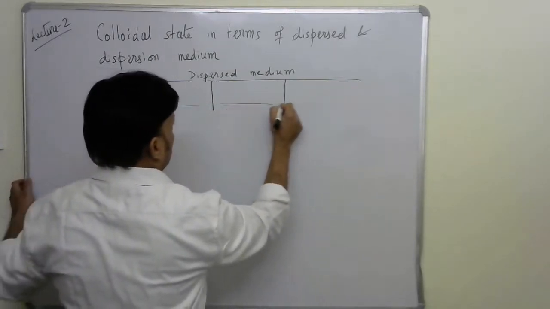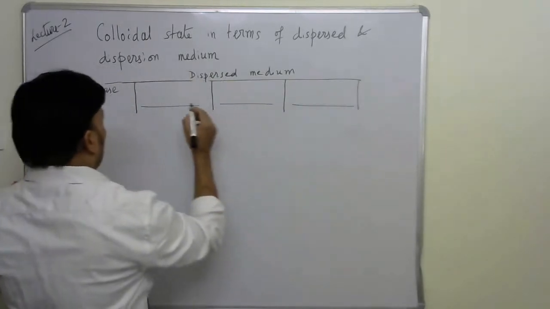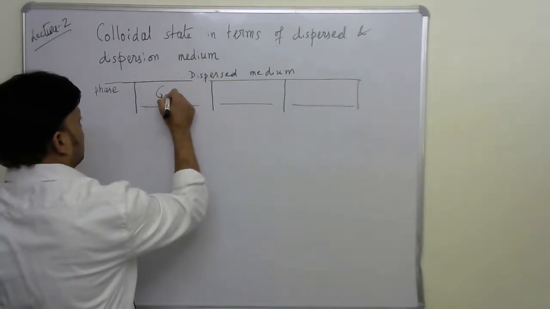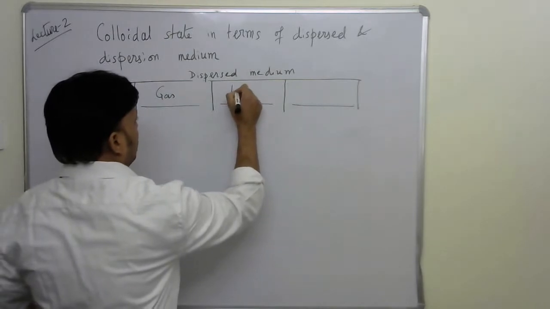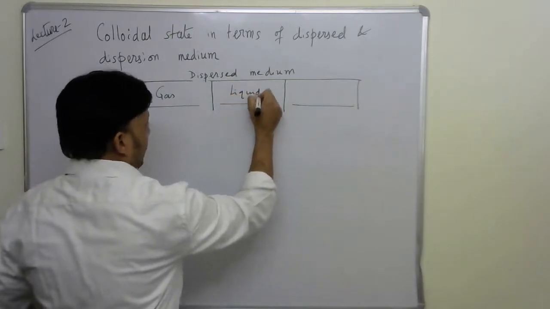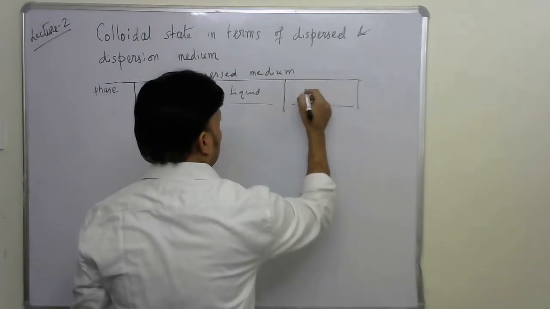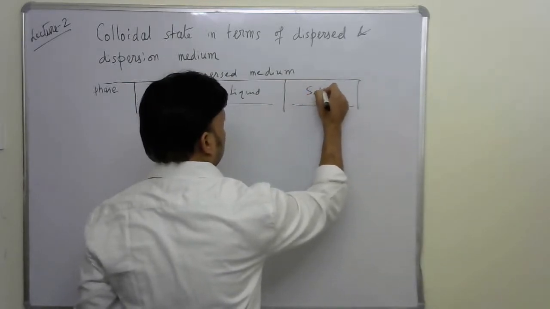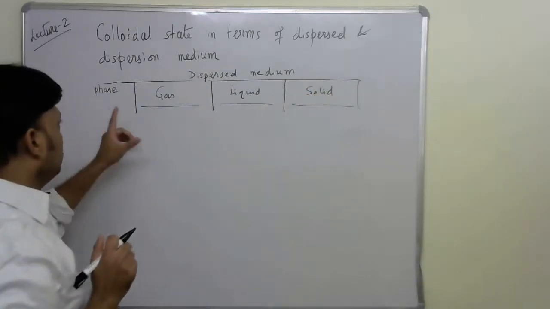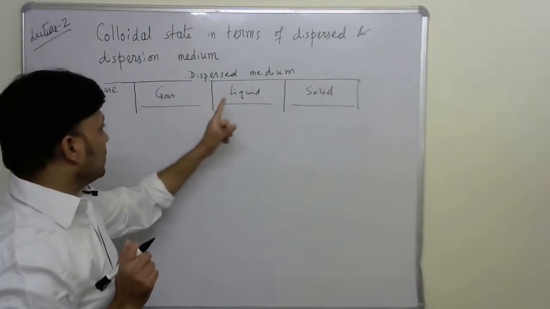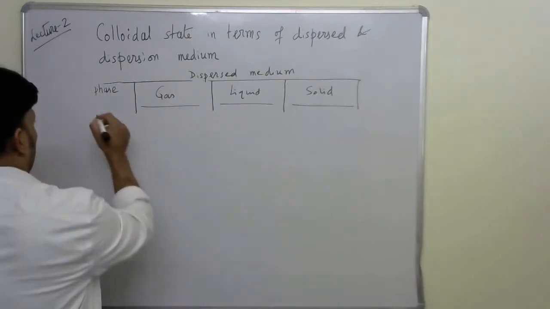The first is gas, and then I have liquid, and lastly I have solid. That means gaseous, liquid and solid dispersed medium.